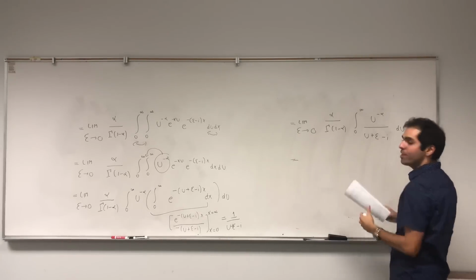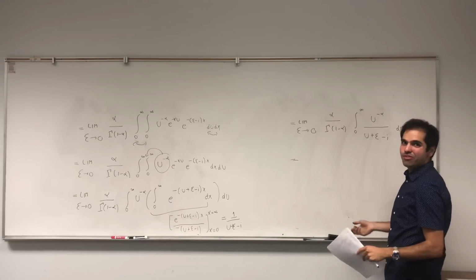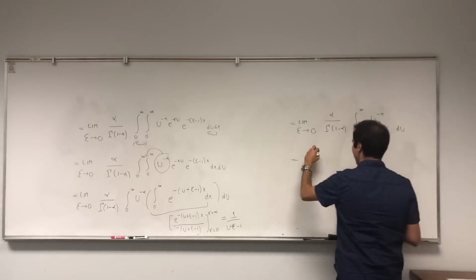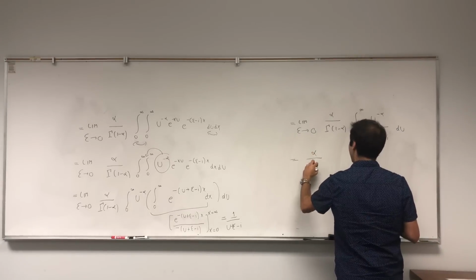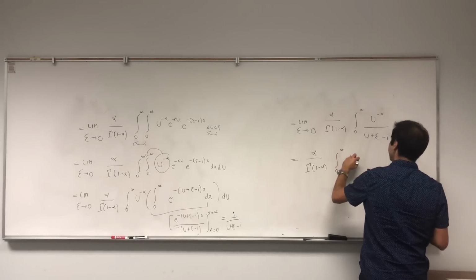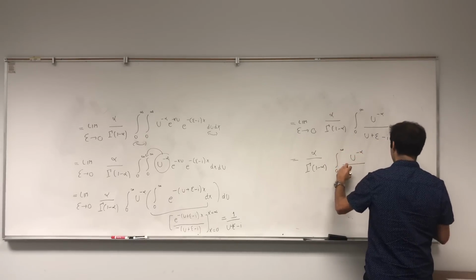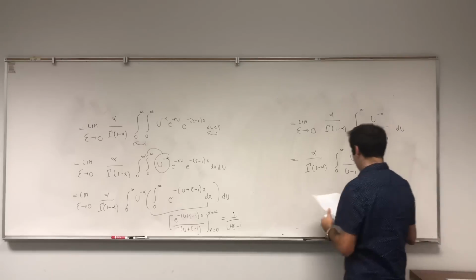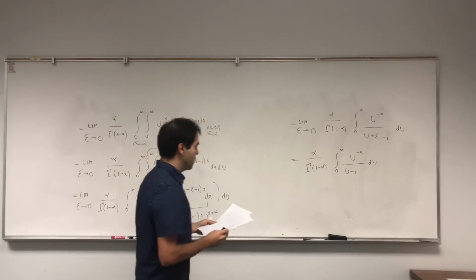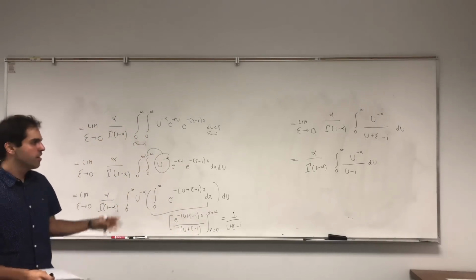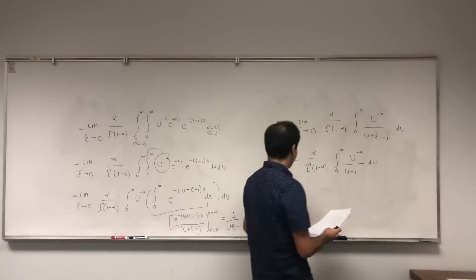And now it's safe, like safe to remove the USB drive, safe to let epsilon go to 0, and we have alpha over gamma of 1 minus alpha, integral from 0 to infinity, u to the minus alpha over u minus i, du. Still too complicated, but we'll simplify this. We can write this in terms of known functions.